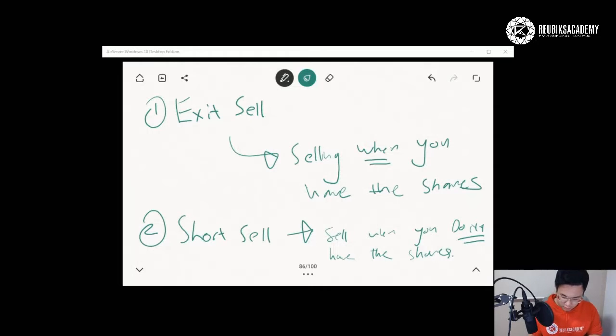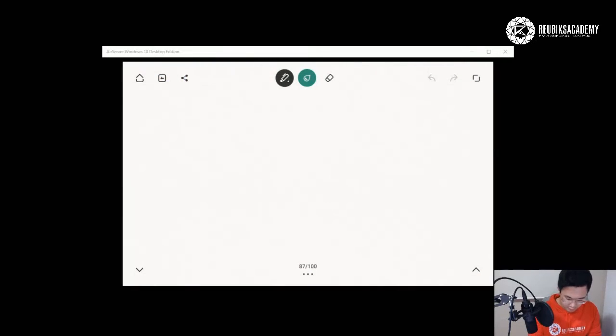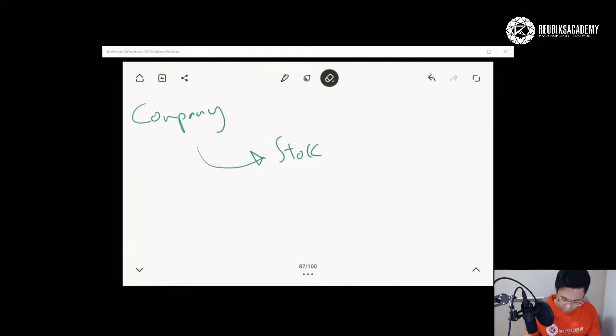Okay, so just to revise, you have a company, the representation of the company is a stock, and one unit of a stock is a share.